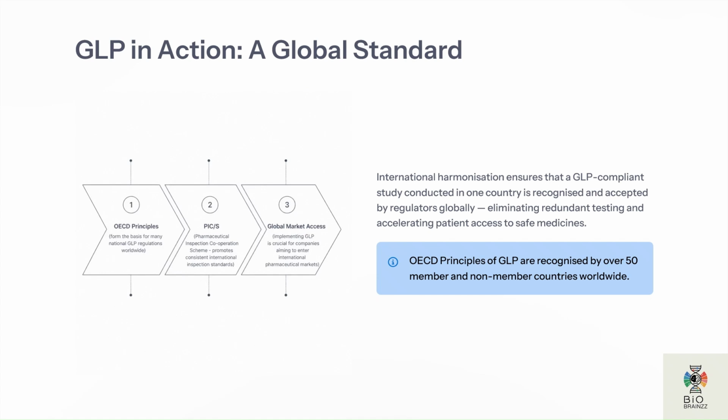For pharmaceutical and biotechnology companies operating globally, GLP compliance becomes a competitive advantage. It helps organizations enter international markets more effectively and reduces regulatory barriers. This global acceptance is one of the strongest reasons for implementing GLP successfully.